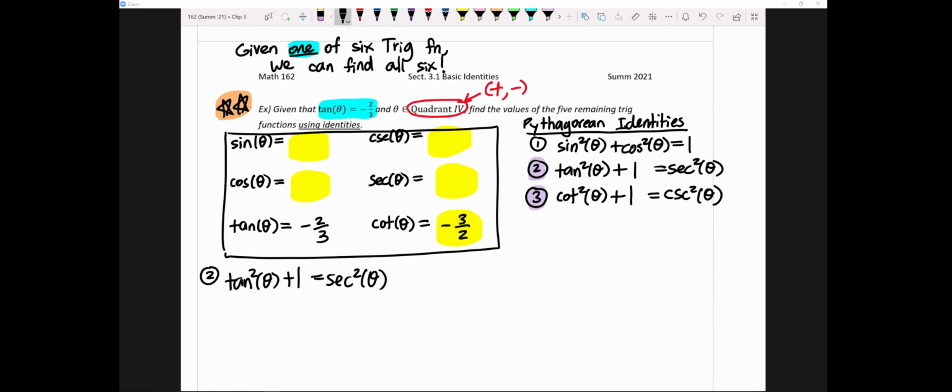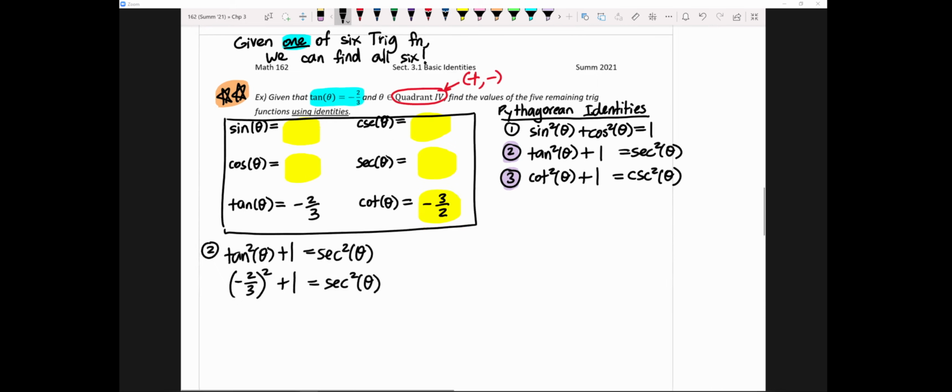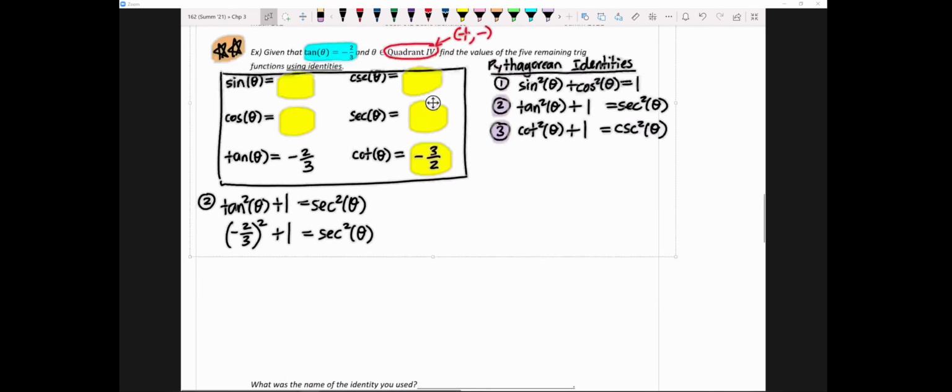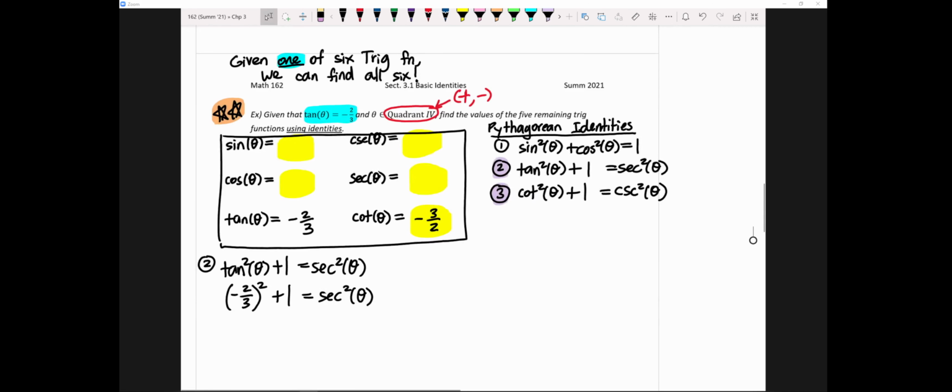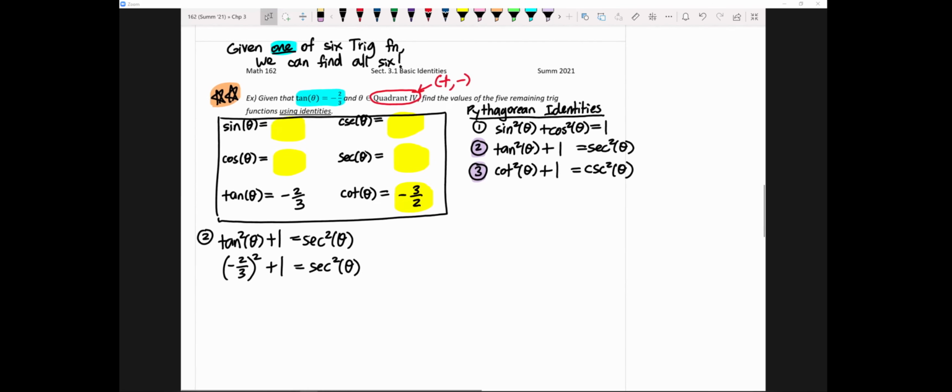Okay, so let's plug in. Tangent of theta is negative 2/3. So we have negative 2/3 squared plus 1 is equal to secant of theta squared. Okay, or actually, we put the square there so we know that it's secant of theta quantity squared.